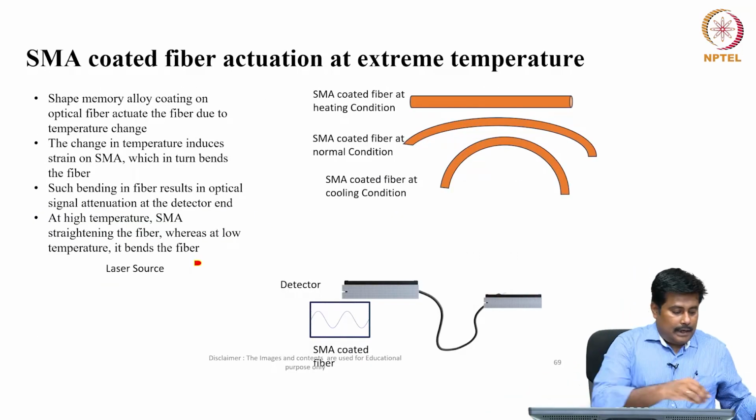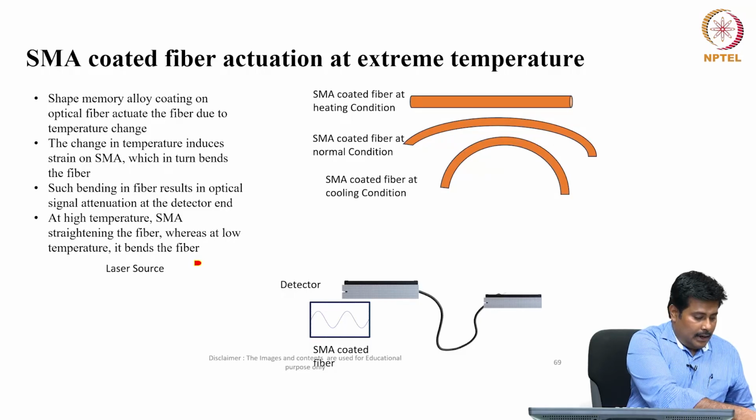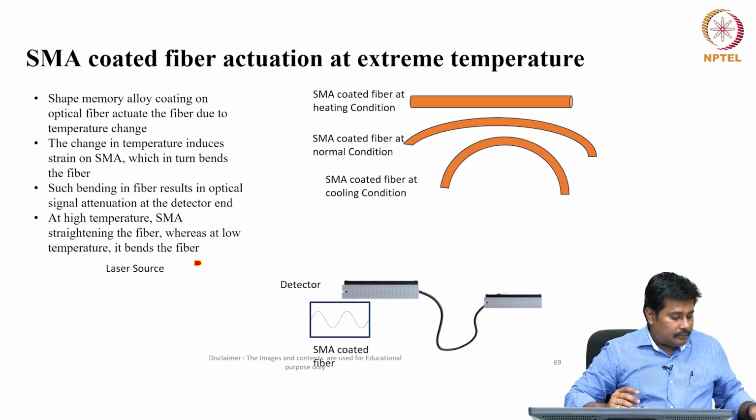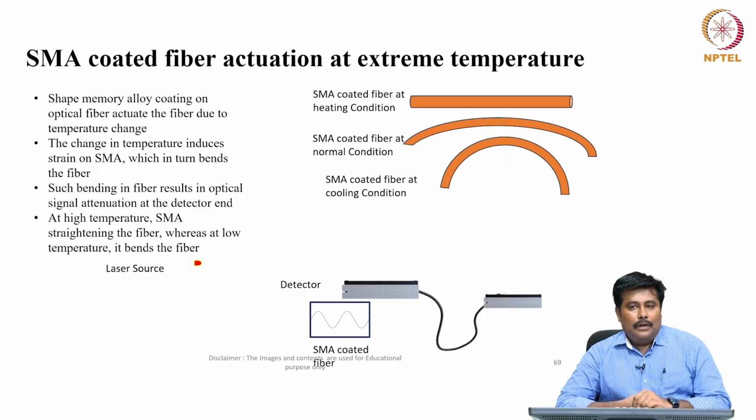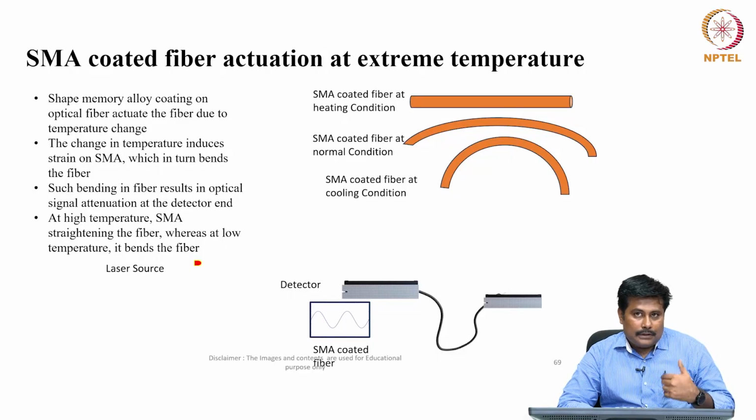Now, let us take an actual example where a shape memory alloy has been coated on an optical fiber and is used for sensing an extreme condition. We will be studying shape memory alloys in detail.